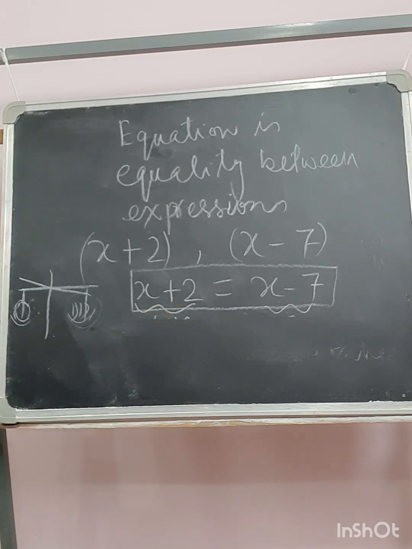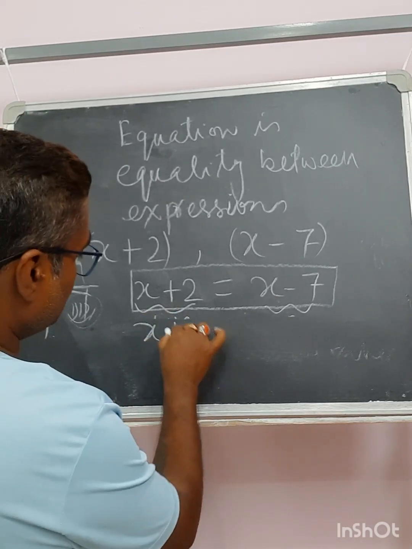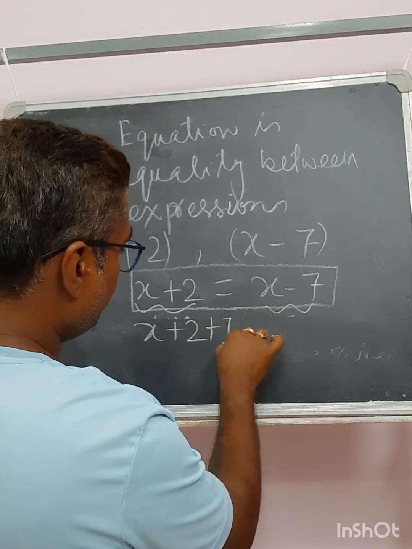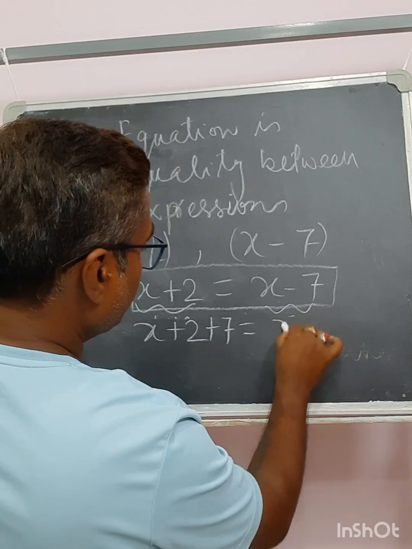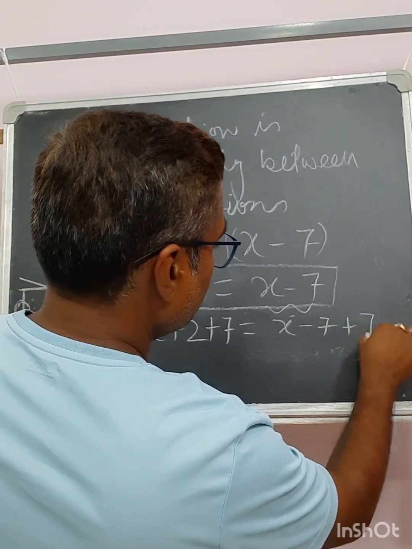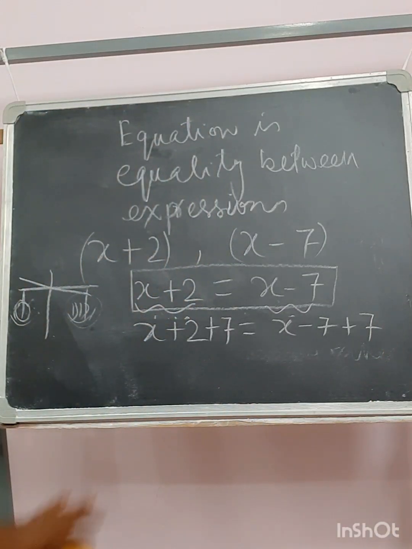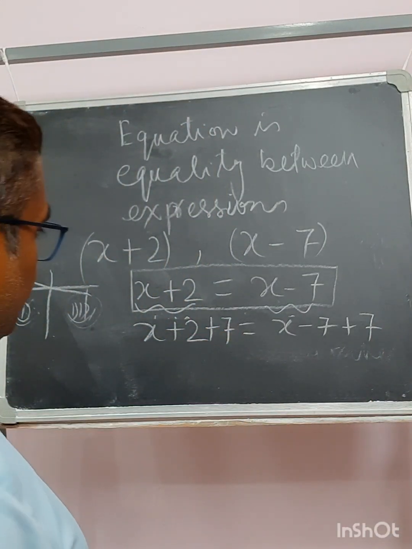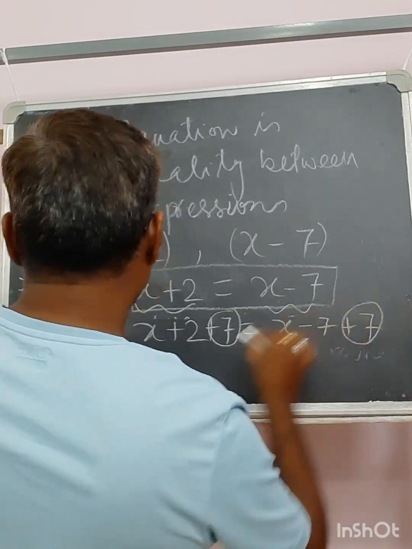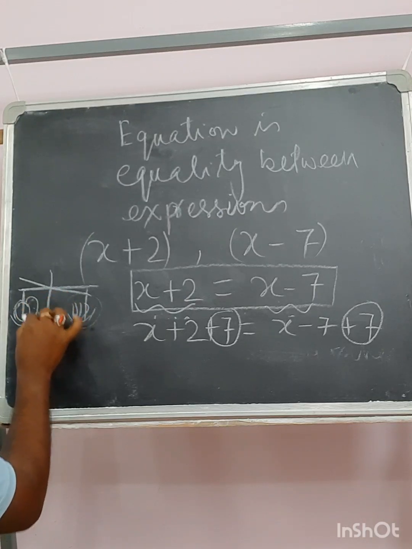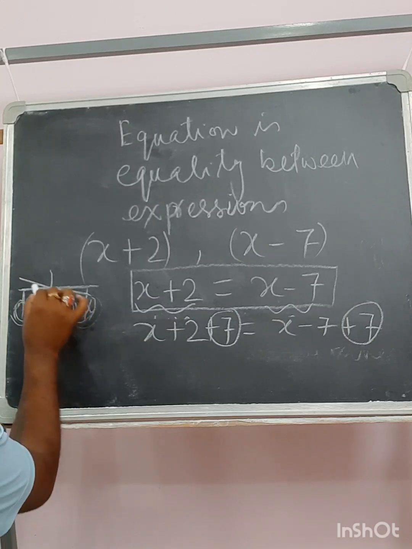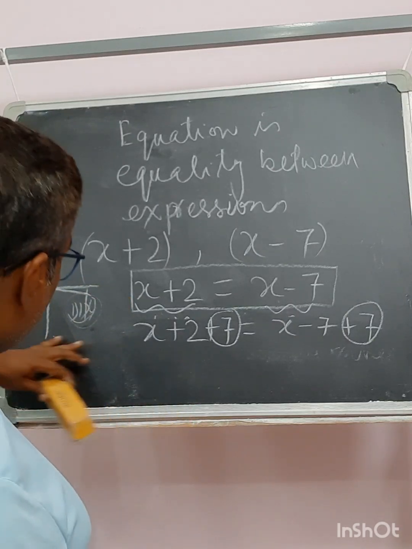The same thing if I do here: x plus 2, if I add plus 7 on both sides, will it change its equilibrium? Because I am adding plus 7 both ways. If I add something here and the same equal weight there, it won't change the equilibrium because I am putting the same weight.